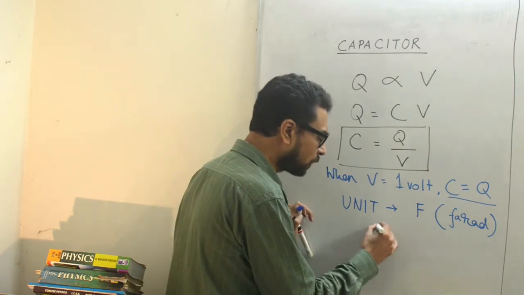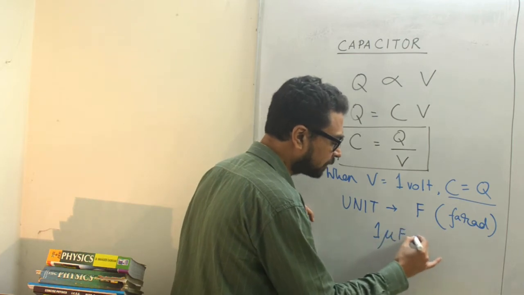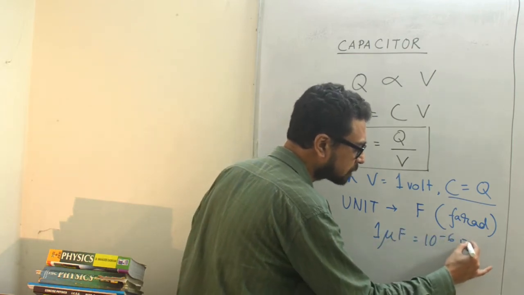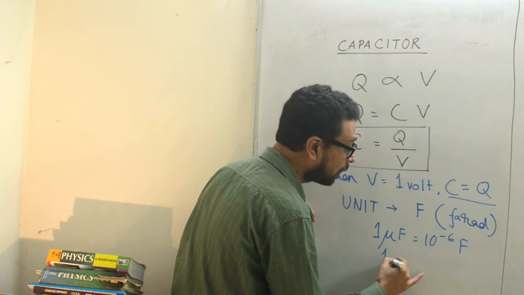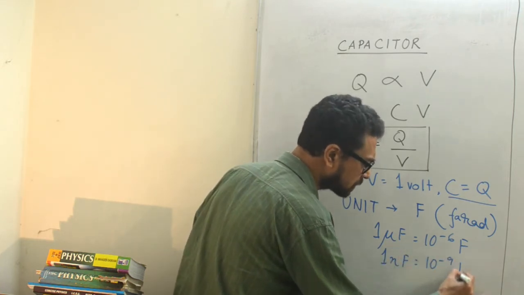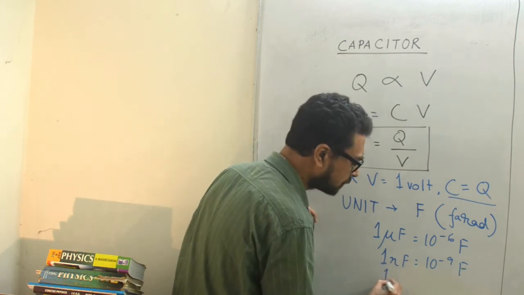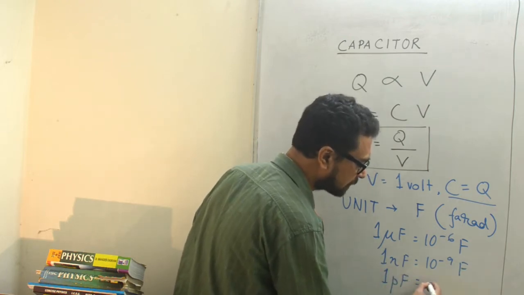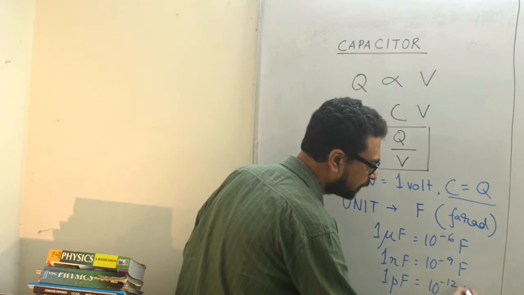So we use smaller units like the microfarad, which is 10 to the power minus 6 farad. We also use the nanofarad, not much, but this unit is there. And the most commonly used capacitors are in the order of picofarad.